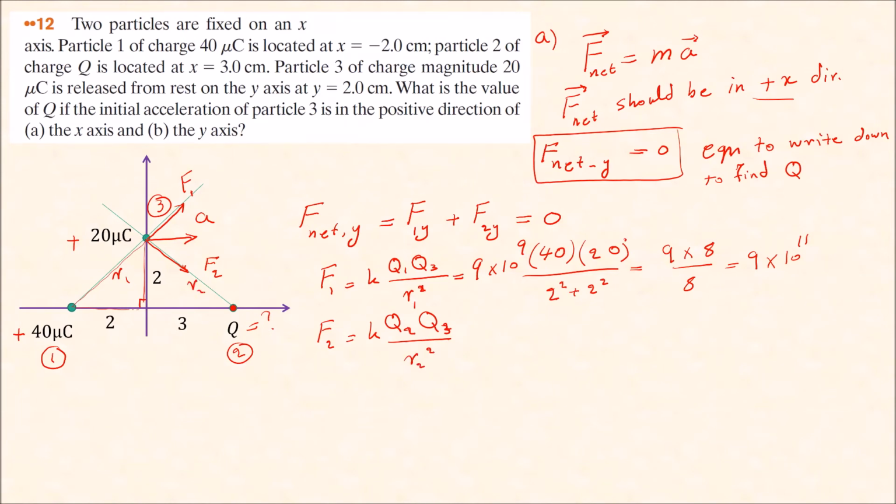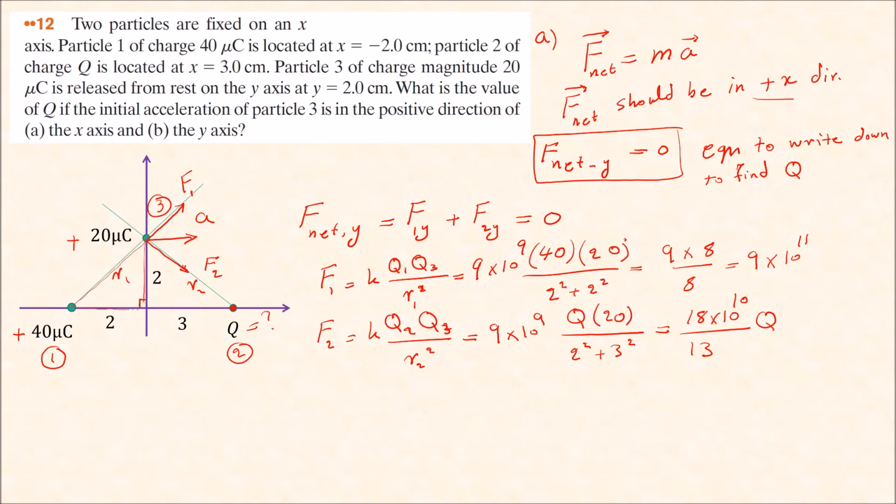R2 is here. Instead of Q2, I put Q, which we want to find, Q3, which is 20, divided by R2 squared, which is 2 squared plus 3 squared. That's 13. So that's 18. This is 2 times 9 times 10 to the 10 divided by 13 cubed.